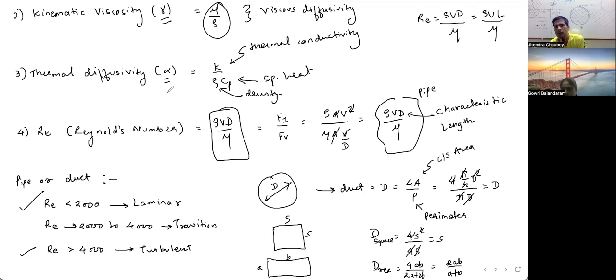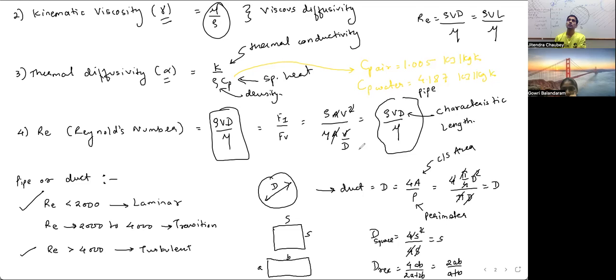Specific heat is something we normally study in thermal subjects like thermodynamics. Do you know Cp of products like water and air? Cp of air is 1.005 kilojoule per kg Kelvin. Cp of water is 4.187 kilojoule per kg Kelvin.